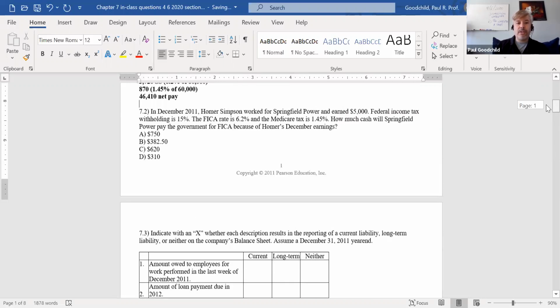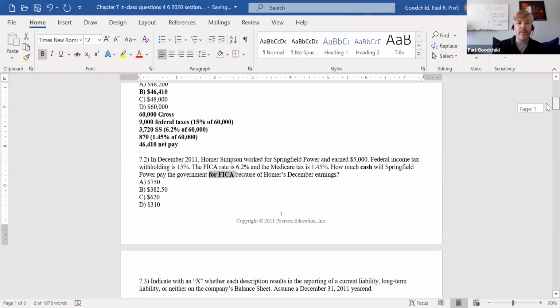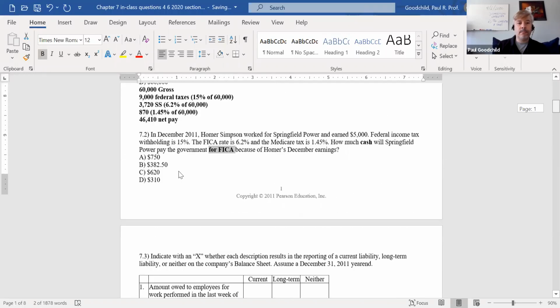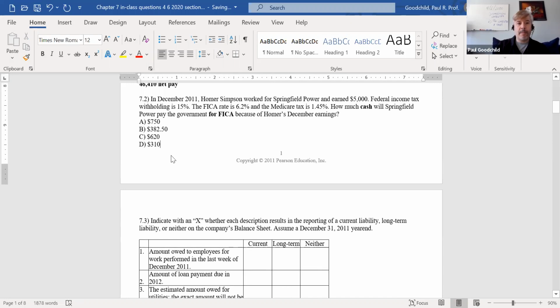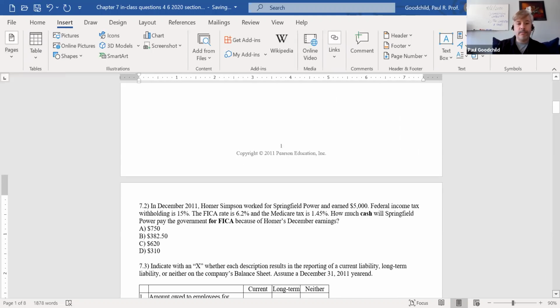So again, with this one you just have to be careful to look at cash for FICA. And with this part, you have to remember to pick up both pieces. I'm going to run out of room here, so I'm just going to move this to the next page and then scroll up.